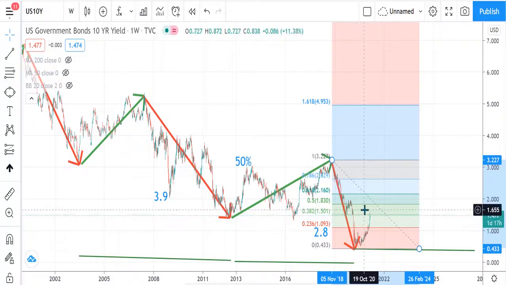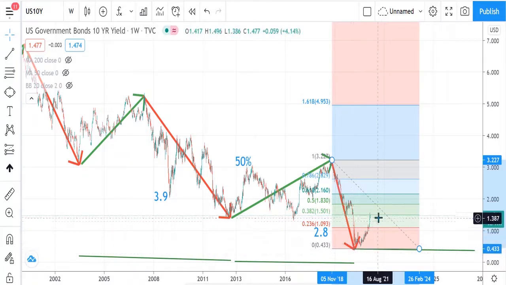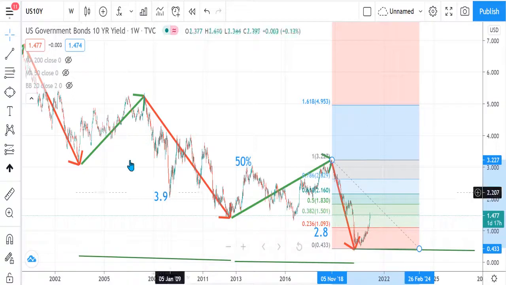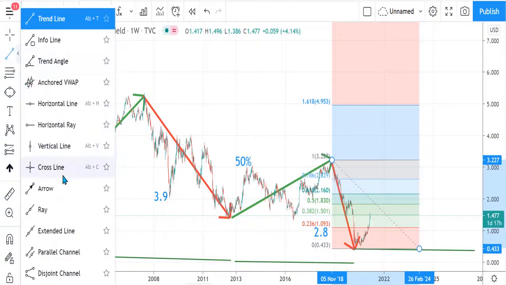But right now the retracement is at a Fibonacci level of 38.2%. So if it retraces, if it goes up, right now it's going up, right? Let me draw it for you.